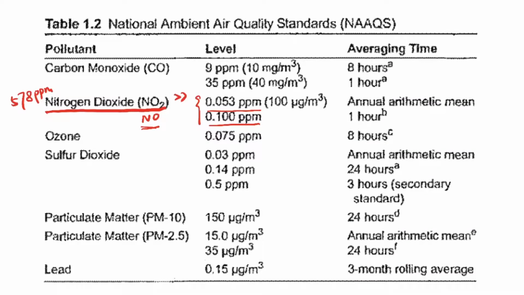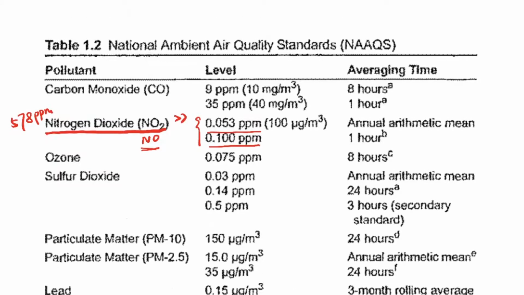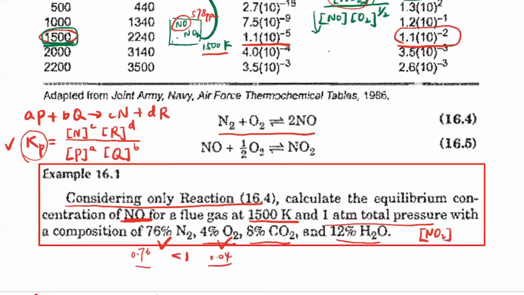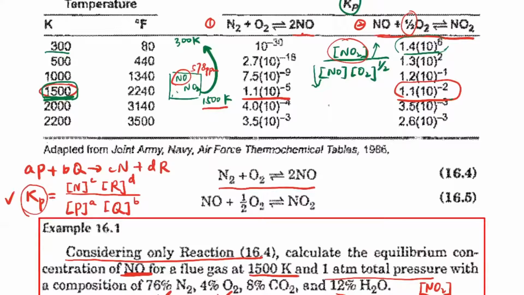So this means that we have to build some NOx control systems to remove the nitrogen oxides from the flue gas. Okay, so we're going to talk about these control devices in our next class.